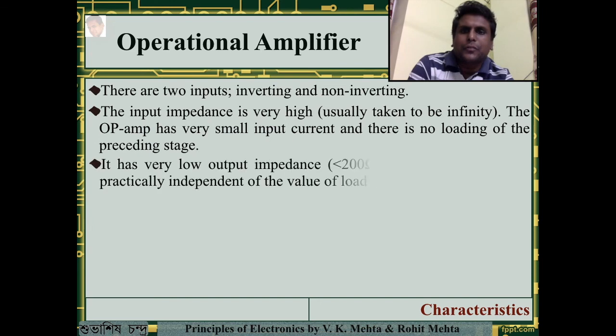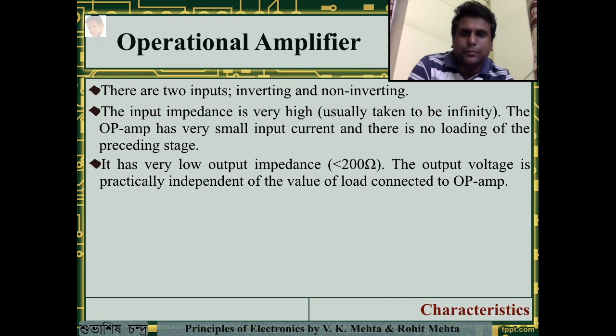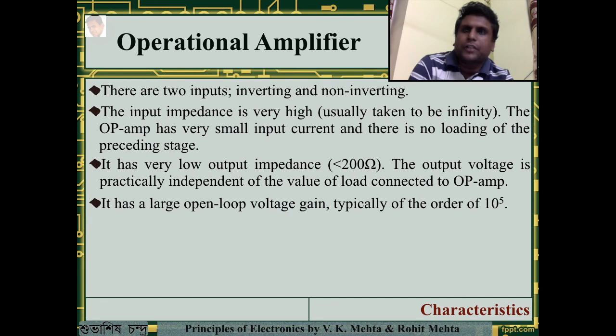It has very low output impedance of less than 200 ohms and the output voltage is practically independent of the value of load. It has large open loop gain, typically of the order of 10 to the power of 5. We are not going to use this gain. We will be using negative feedback and we will be considering the closed loop gain.